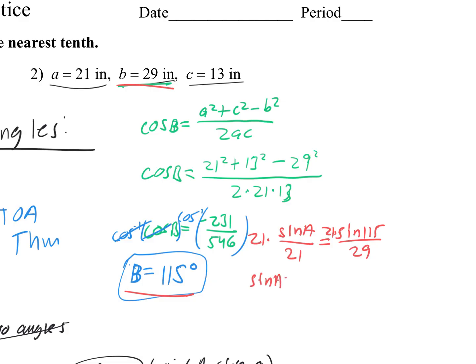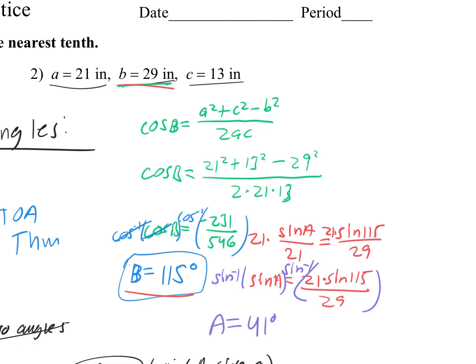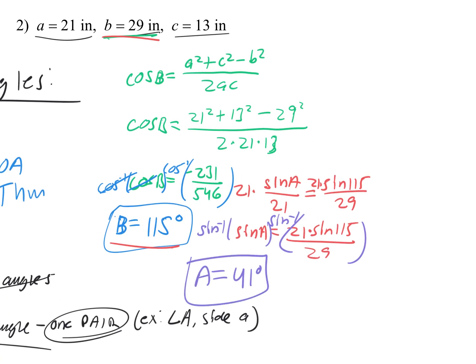I get sine of A is 21 times sine of 115 over 29. And then I can do sine inverse of both sides. And then this is what I would plug into my calculator to get my answer for A. So we should get, to the nearest tenth, 41 degrees. All right, so that's for our angle A.